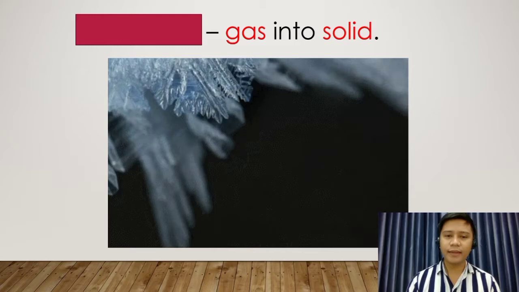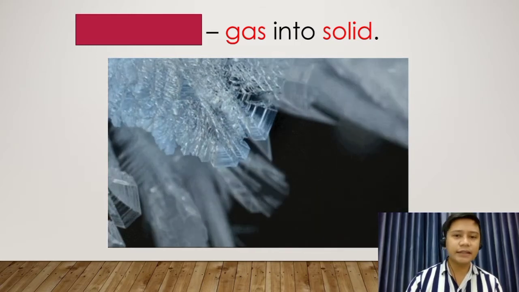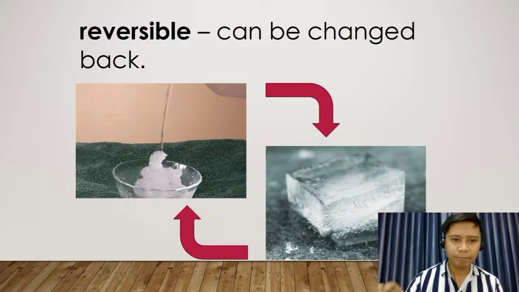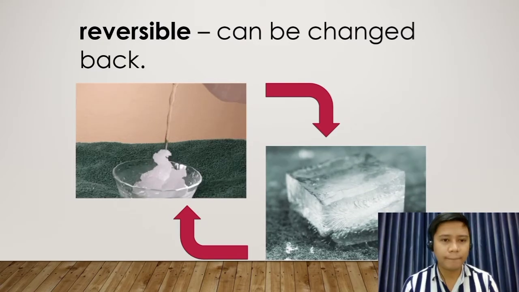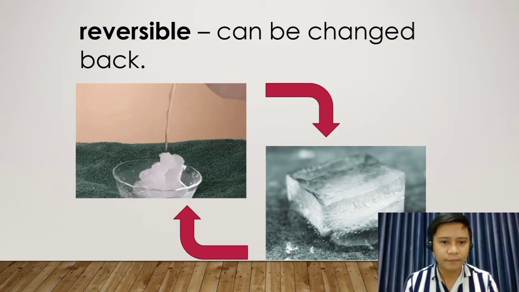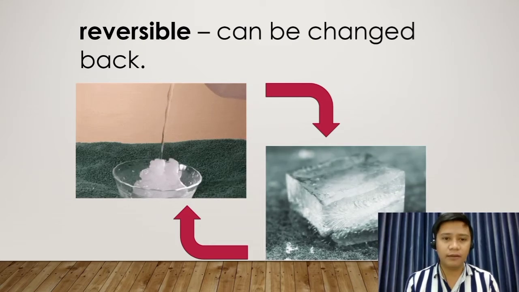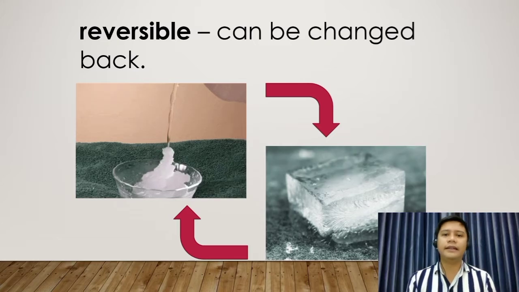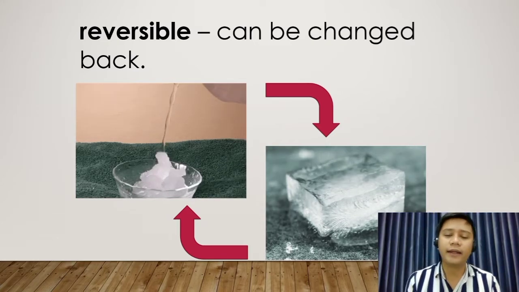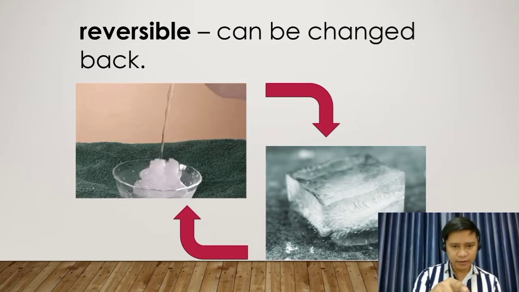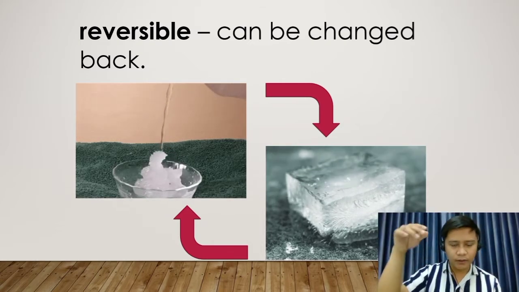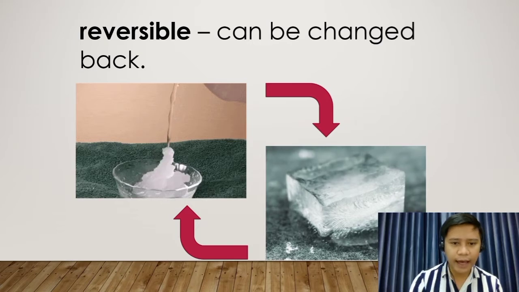Okay? And then the last physical change that we have is, okay, everybody read reversible. Reversible. Okay? When we say reversible, it can be changed back. It means, let's look at the example. This one, as you can see, the water will become ice.